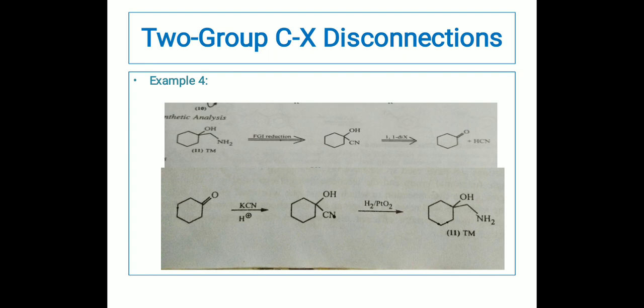And this in presence of H plus is going to give rise to hydroxycyclohexane carbonitrile, and this on reduction with hydrogen and palladium, or instead we can also use LiAlH4, lithium tetrahydridoaluminate, for the reduction of nitrile to the amine. So here CN is getting reduced to CH2NH2, and this gives rise to the target molecule.